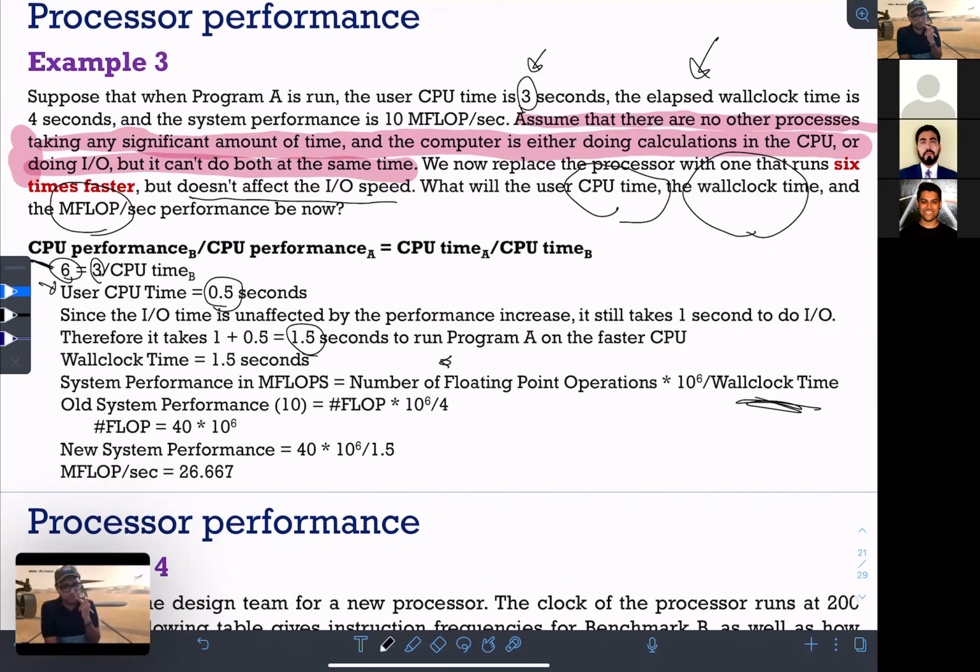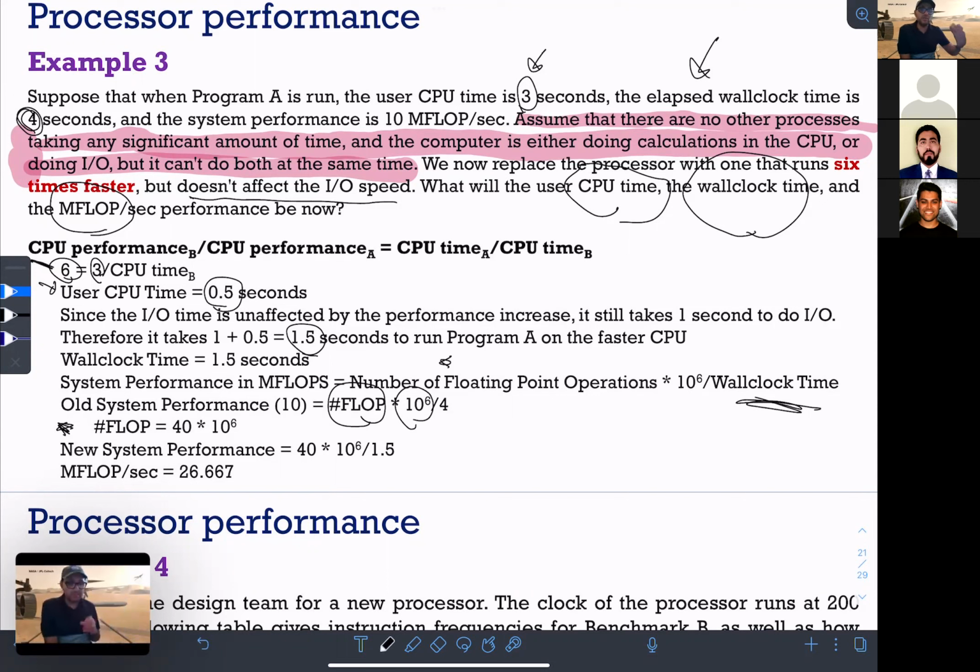The whole clock time for the old one is 4. So the old one equals 10 to the power 6 divided by 4. From there, I figure out the number of floating point operations happening. Do you agree?